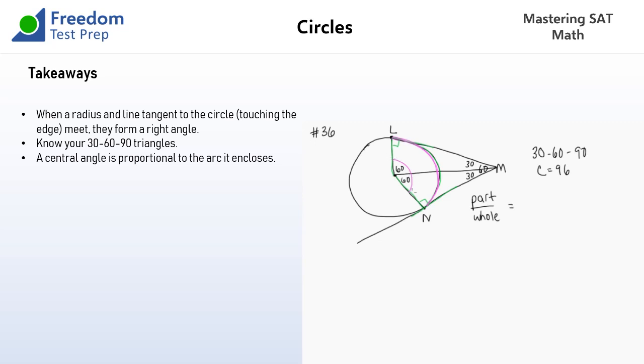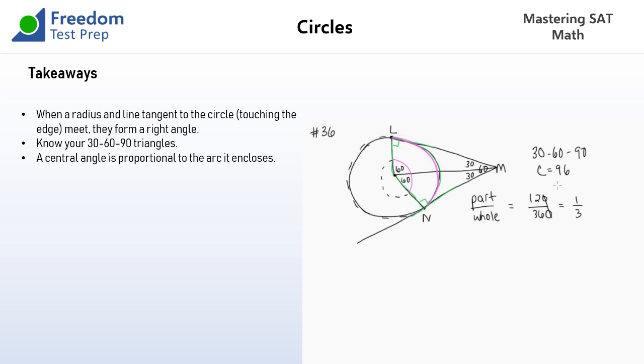So we have this big 120-degree angle here. That's the part. We know the whole is 360. We can cross those out, and 12 over 36 reduces to 1/3. So this big angle is 1/3 of the entire circle. Likewise, this arc is 1/3 of the entire circumference.